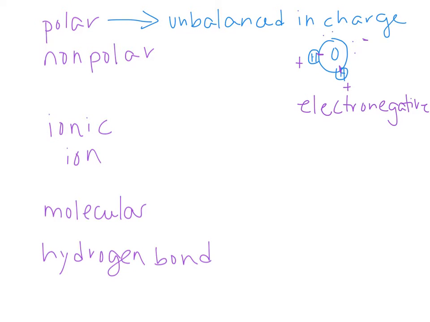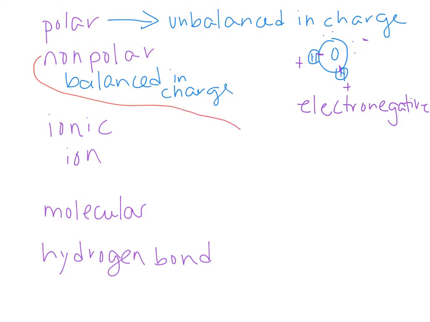It is polar. As you can possibly guess, nonpolar would be the opposite. It is something that is balanced in charge. An example of something that is nonpolar would be methane, CH4.